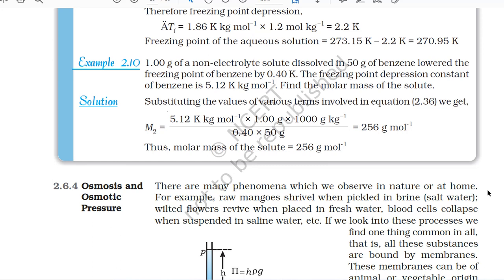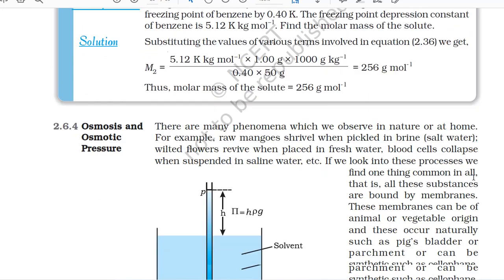Substituting the values of various terms involved in equation 2.36, we get M2 is equal to 5.12 Kelvin kg per mole into 1 gram into 1000 gram per kg upon 0.40 into 50 gram, which is equal to 256 gram per mole. Thus, molar mass of the solute is equal to 256 gram per mole.